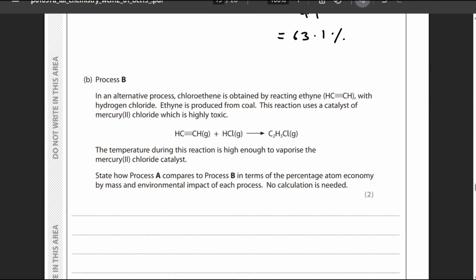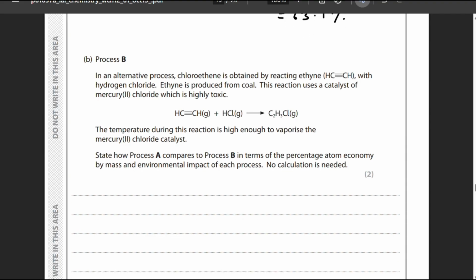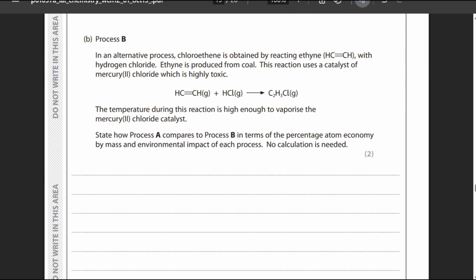Process B, this is an alternative process, and here the chloroethene is obtained by reacting ethyne with hydrogen chloride. Now state how process A compares to process B in terms of percentage atom economy by mass and environmental impact of each process. No calculation is needed. You can see here in process B only one product is produced.